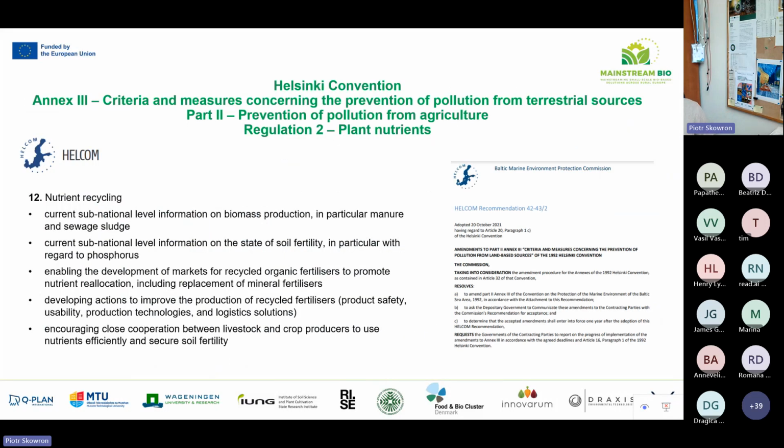Nutrient recycling is strongly supported by the Helsinki Convention and the Helsinki Commission. HELCOM put first information about nutrient recycling in Annex 3 to the Helsinki Convention. In Part 2, Regulation 2, Plant Nutrition, we can find point 12, nutrient recycling.